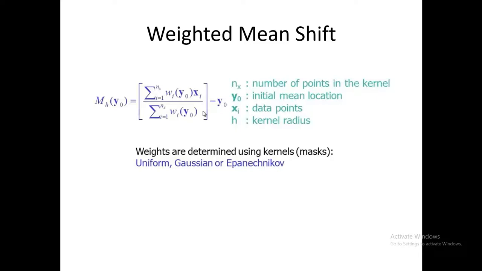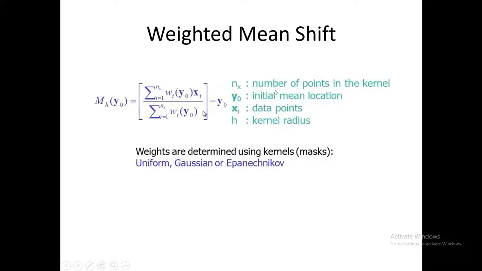We apply the weight and then define the average. Since we are applying the weight, we sum them up and normalize by nx. Then we subtract y0 from this normalized average, the estimate minus the initial estimate, and we get the mean shift.